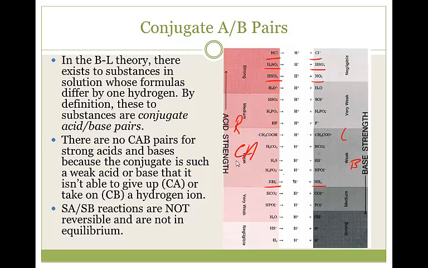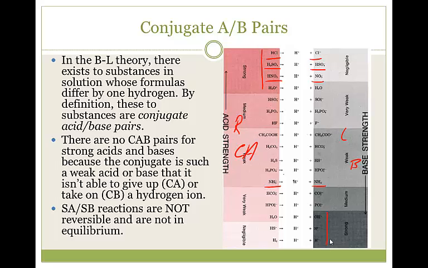A few things about these that are very important is the relationship of strength between the acids and their conjugate bases. So first of all, we won't talk a lot about conjugate acid-base pairs of strong acids and strong bases. I know they have them up here, but we generally will not refer to them.